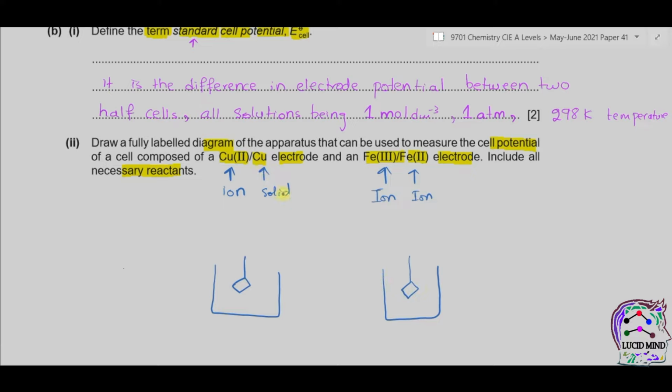In the copper one we can use a solid electrode, so this electrode is of copper, and it is dipped in a solution of copper 2 positive. The circuit can be connected externally through a voltmeter.